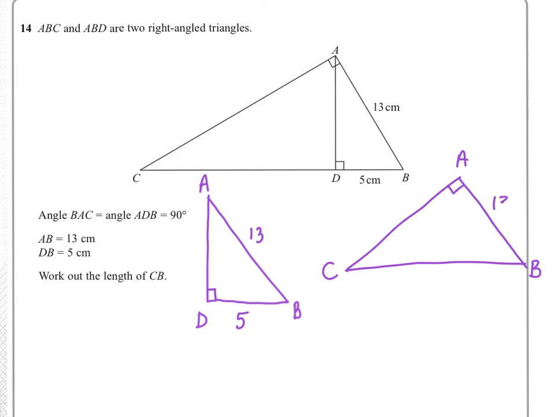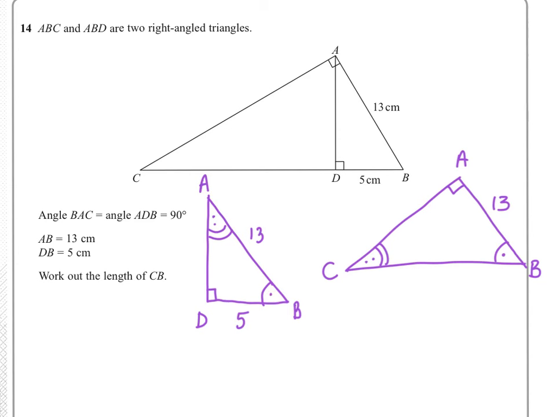This length here is 13, and we've got angle B there is the same as this angle here, and therefore this angle here, I hope you understand that this angle here must be the same as this angle here, because if they already share two angles the same, then the final angle must be the same measurement, because they would add up to 180, and say if you had this one, the 90 plus the dot, whatever that is, well, it's the same as the 90 plus the dot here, so these two must be the same.